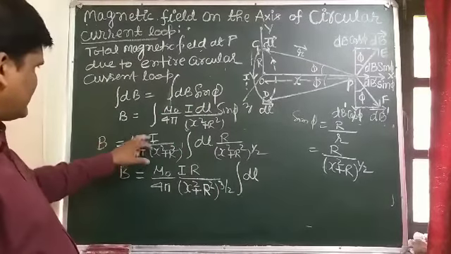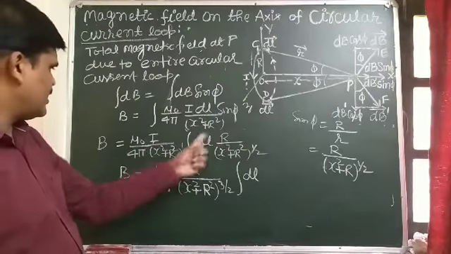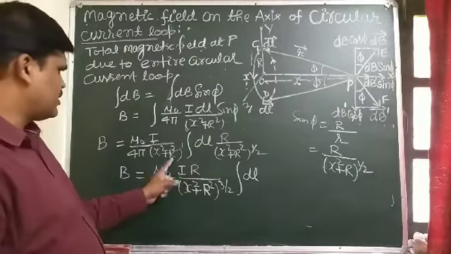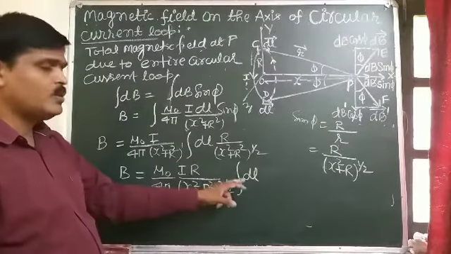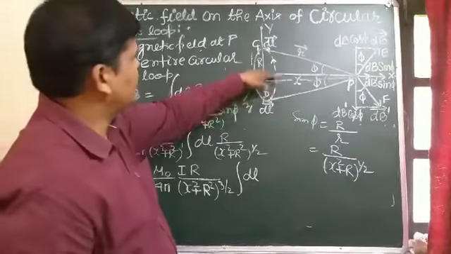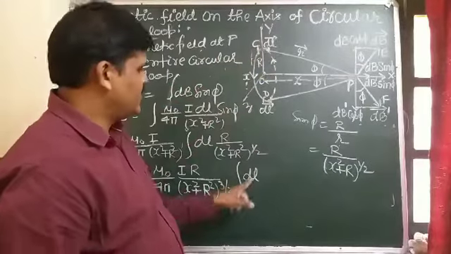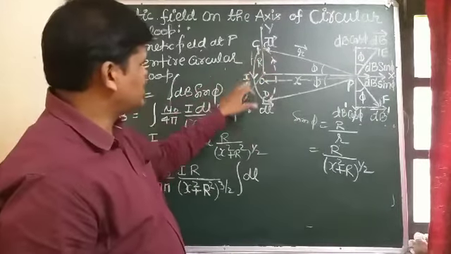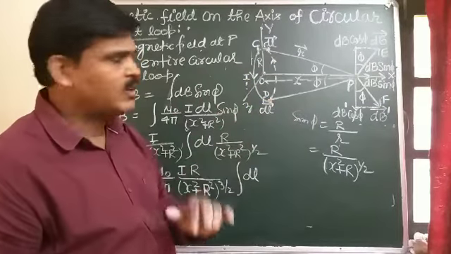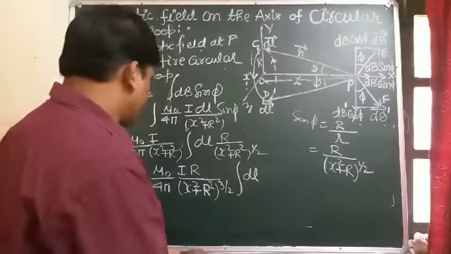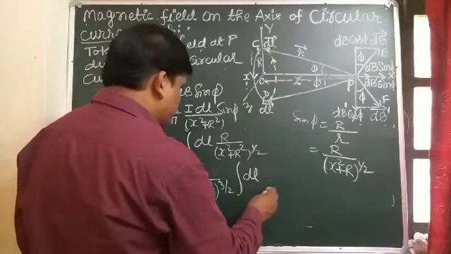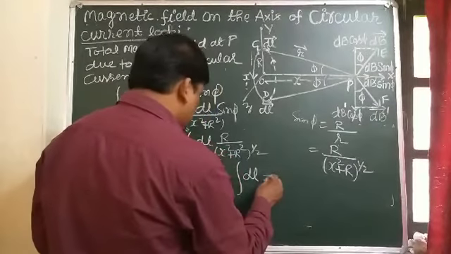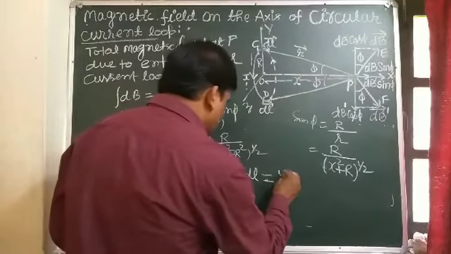Mu naught by 4 pi I r by x square plus r square to the power 3 by 2 and dl. dl means what? The circumference of this circle. The integration of dl is L, the length of the circular current loop, which is 2 pi r.